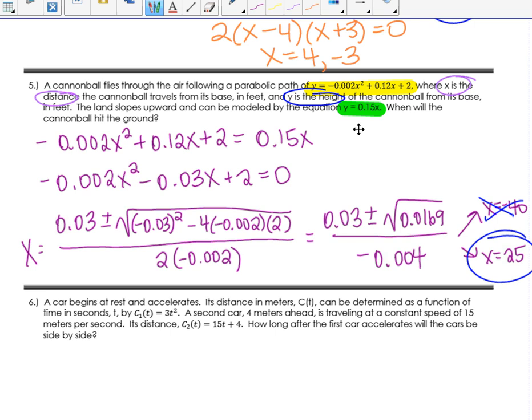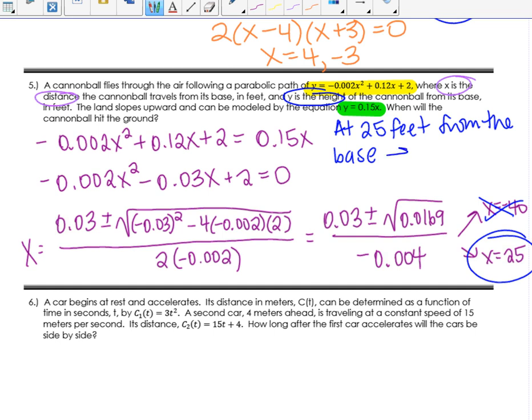Okay. And let's see. So at 25 feet from the base, that's where the cannonball should hit the ground. Now, if we put 25 feet in, we end up getting 3.75.